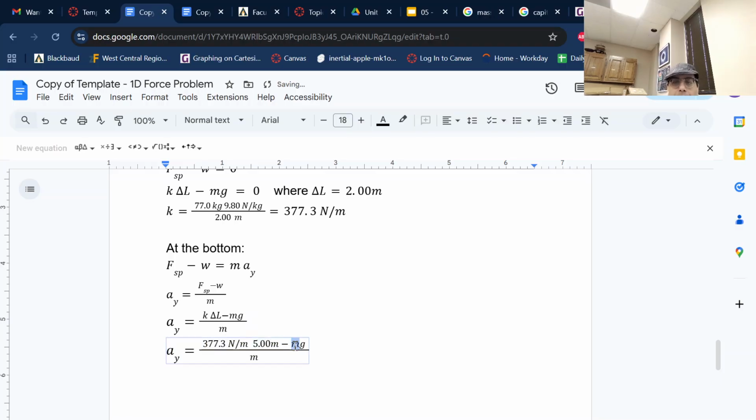Our mass is 77.0 kilograms, and g is 9.80 newtons per kilogram.